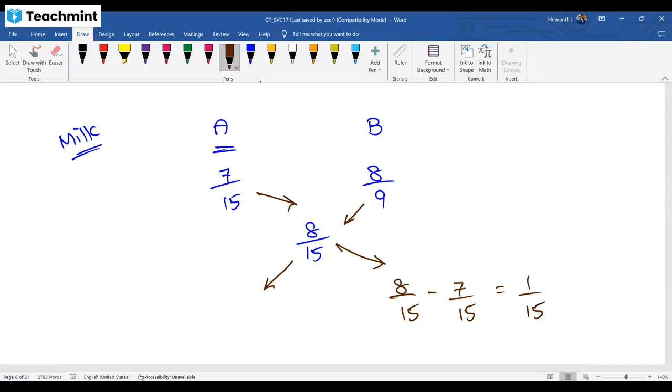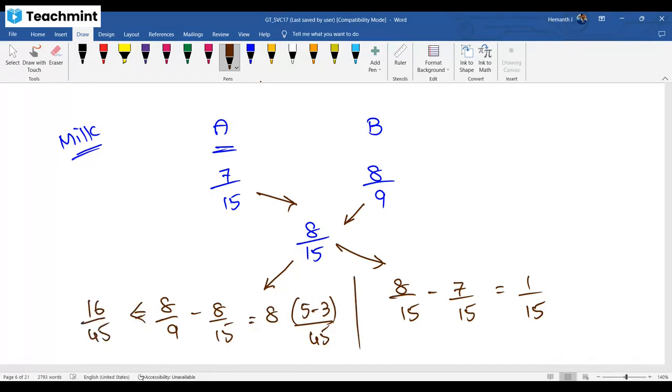Here the difference should be positive: 8 by 9 or 8 by 15, 8 by 9 is bigger. The numerator is the same, the denominator is smaller, which means 8 by 9 is bigger. Now, if you take the LCM of 9 and 15, 45, this is 5 times, this is 3 times. So we get 1 divided by 45.